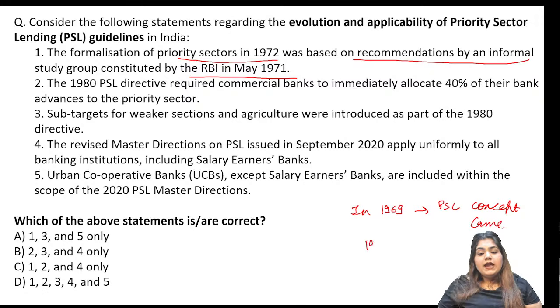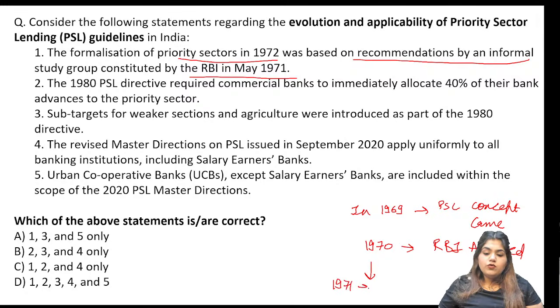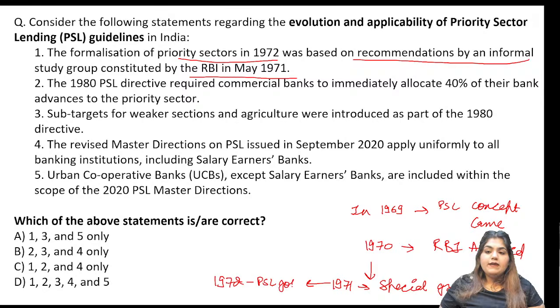In 1970, RBI accepted it. For this, they made a special group in 1971. And in 1972, PSL became applicable.